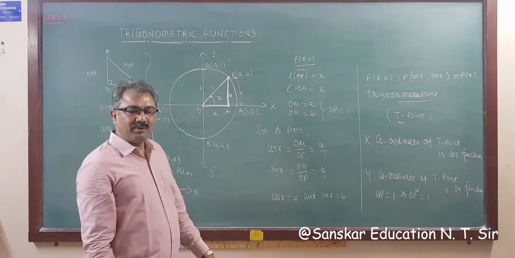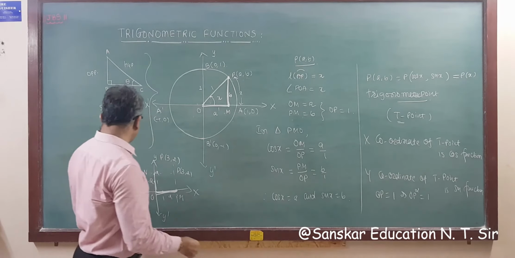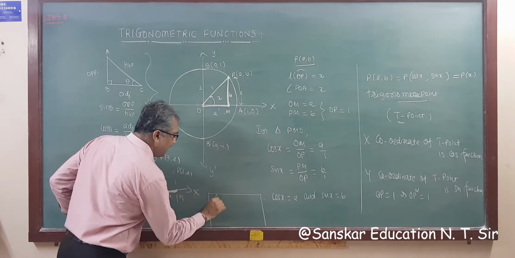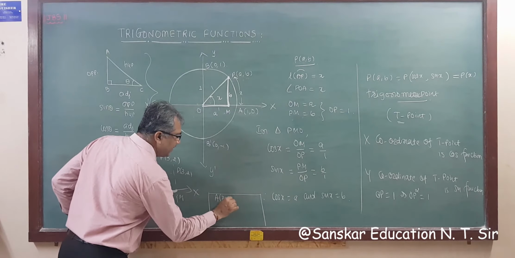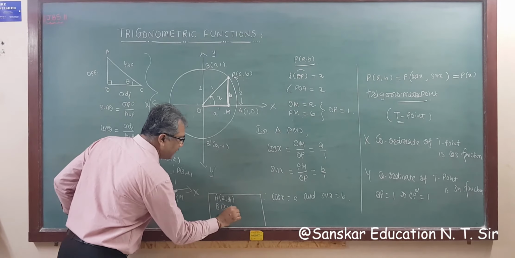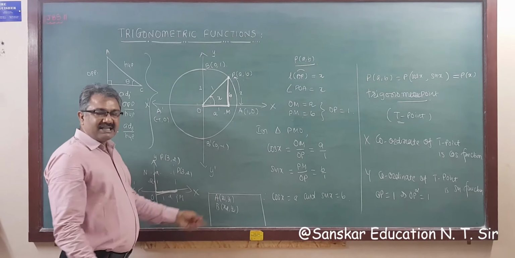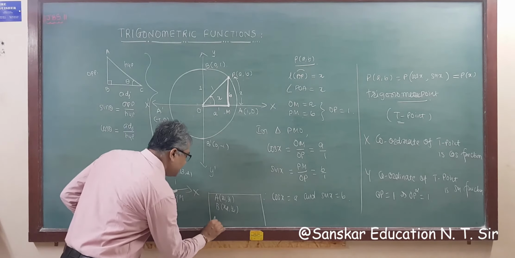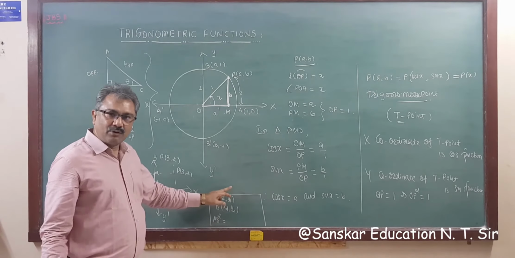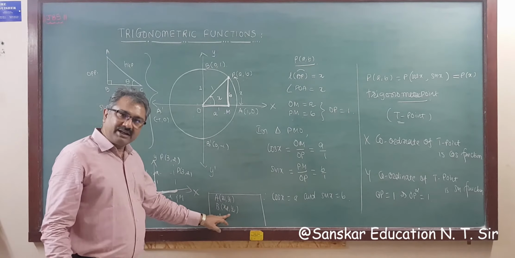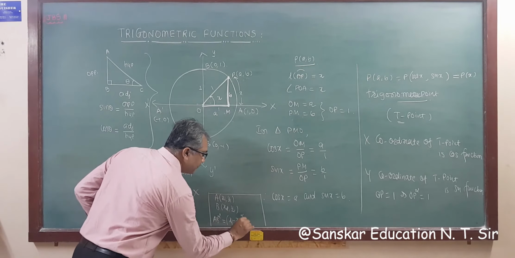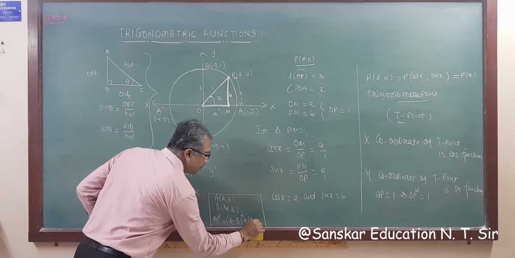Now using the distance formula, as you learned in 10th standard, if 2 points A and B are given, A (x1, y1) and B (x2, y2), then the distance between these 2 points, AB square, is equal to the square of the difference of x coordinates plus the square of the difference of y coordinates. So this is (x1 minus x2) whole square plus (y1 minus y2) whole square.